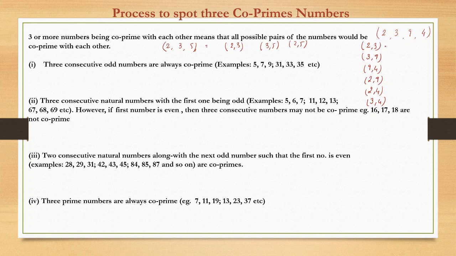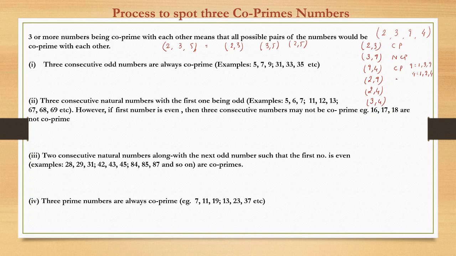Now check whether 2 comma 3 is co-prime. 3 comma 9, no, 3 comma 9 has a common factor of 3, so non co-prime. 9 comma 4, yes, co-prime. 9 comma 4 HCF would be 1. 9 is 1, 3, 9, and 4 is 1, 2, 4, so there's nothing common apart from 1.